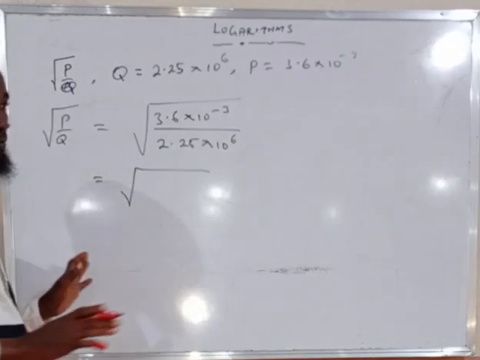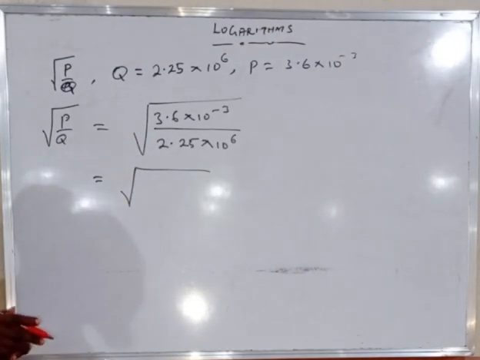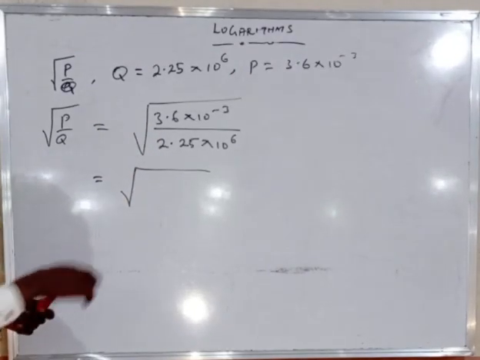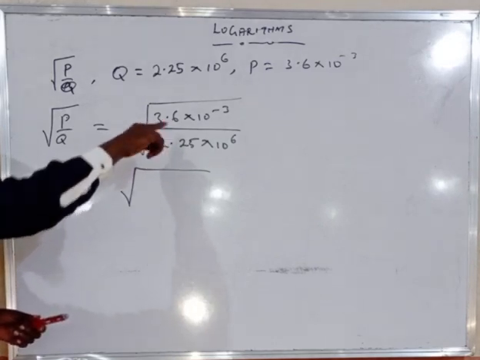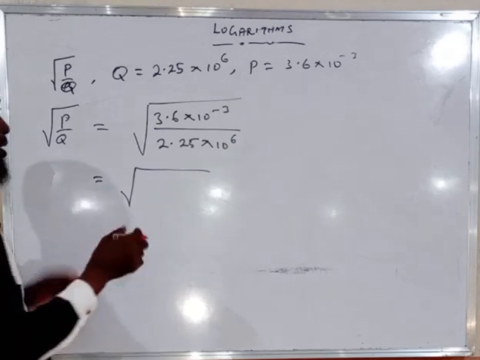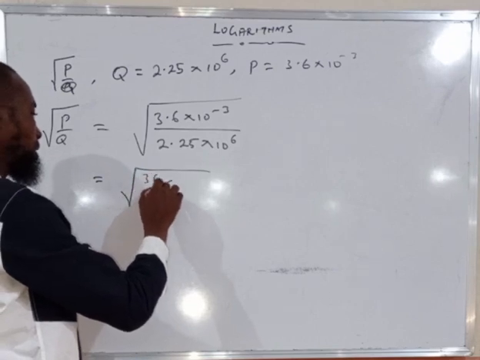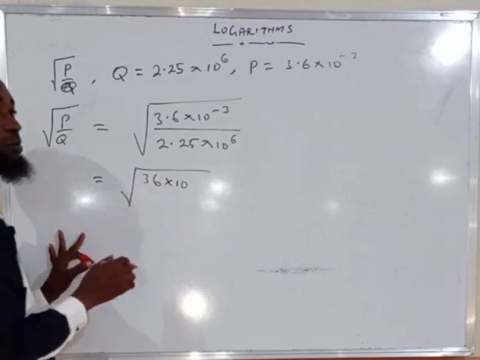I told you, in this form of question, what we actually want to do is to make sure each of these decimal numbers is represented in whole form. Abi? So as a whole number, 3.6 becomes what? It becomes 36 times 10 raised to the power what?